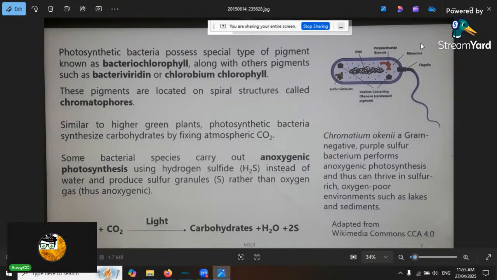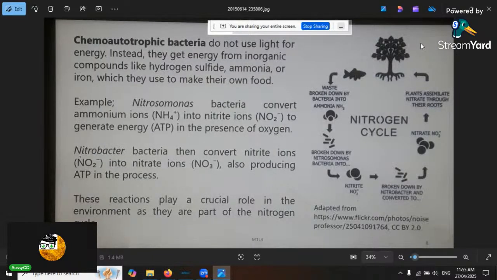Very good. Yes. Do not change that. Yeah, this is good. This is pretty common. Nitrosomonas converts ammonium or ammonia into nitrite, which is what fish pee out.